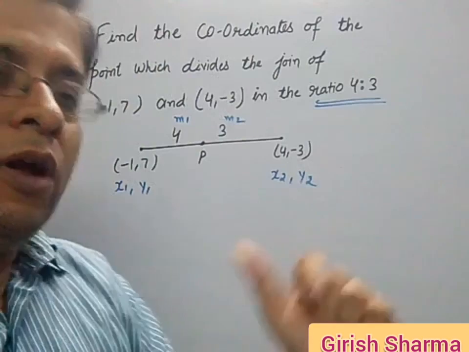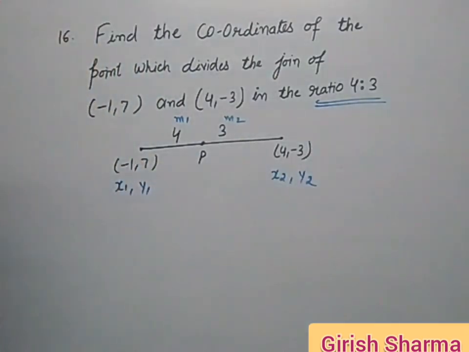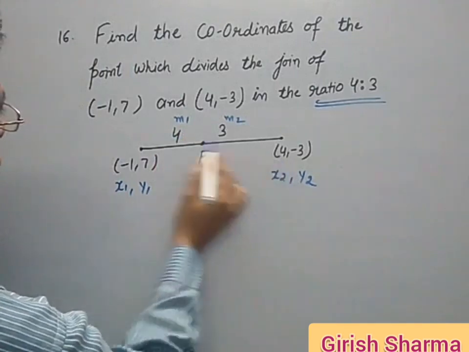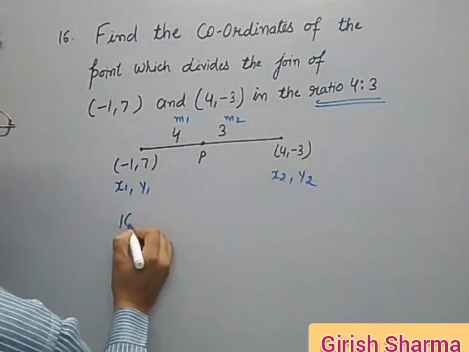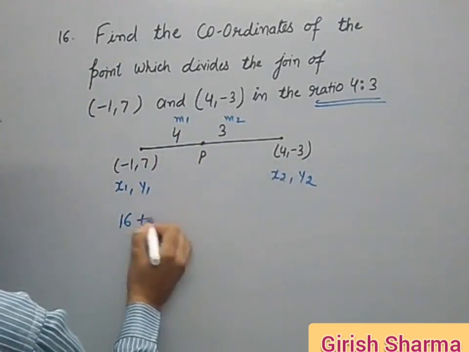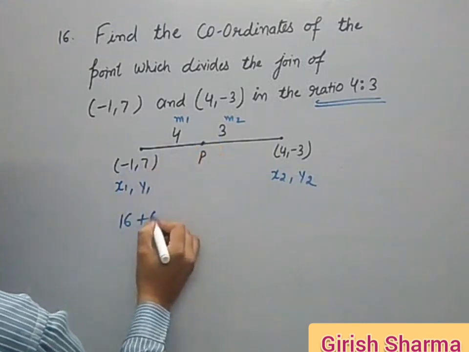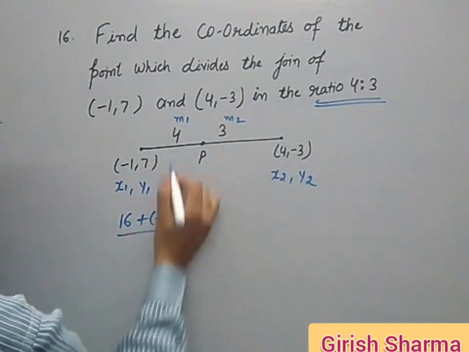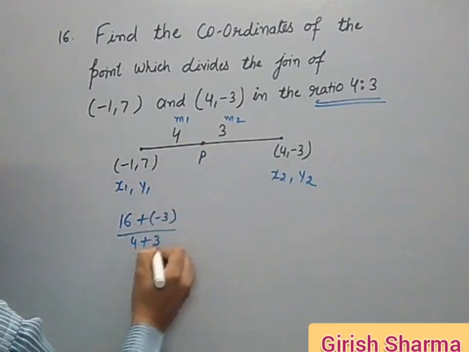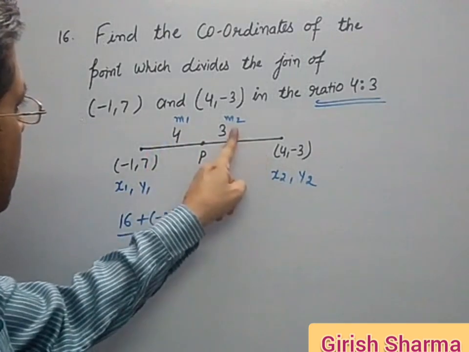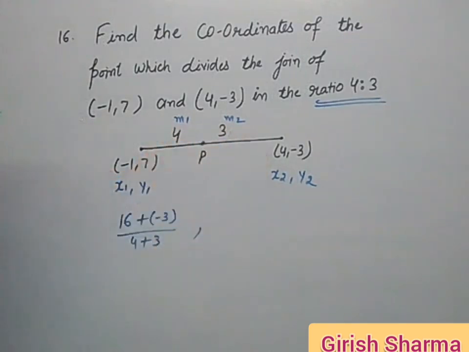Similarly, you have to put, now come on, do it fast. m1 x2, 4 fours are 16, plus m2 x1, this is minus 3, upon 4 plus 3. Getting? 4 fours are 16 minus 3.